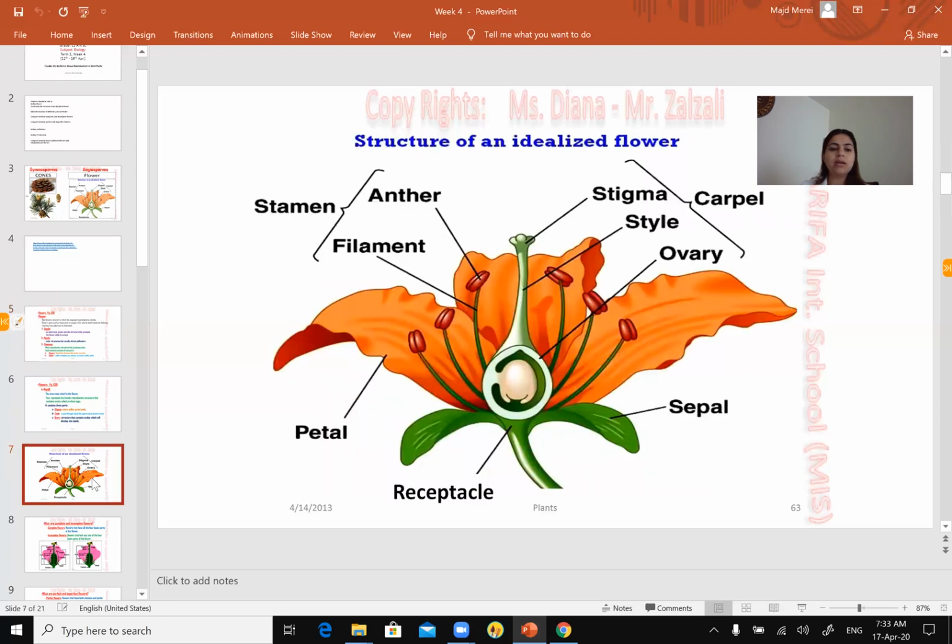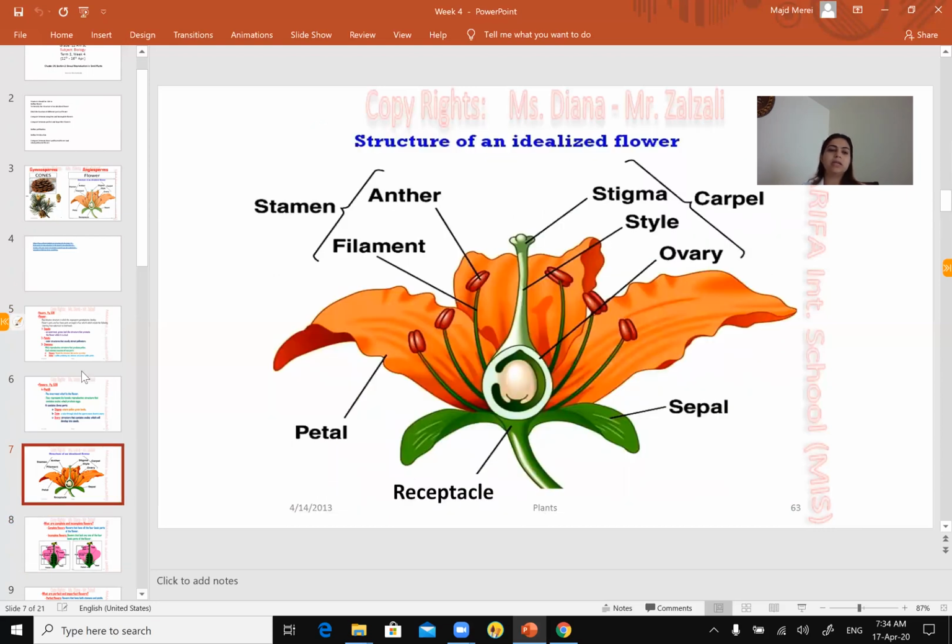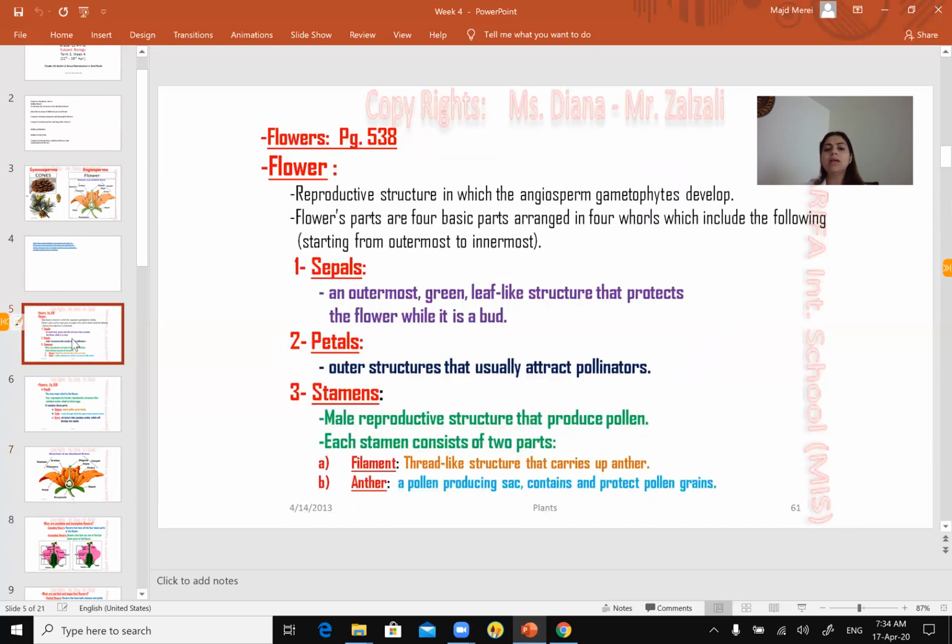So in this diagram, for example, these colorful orange structures are the petals. Here, the pink part shows petals. So petals, the outer structure that usually, because of their different color, attract pollinators.